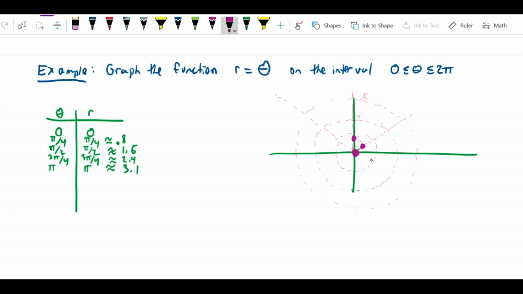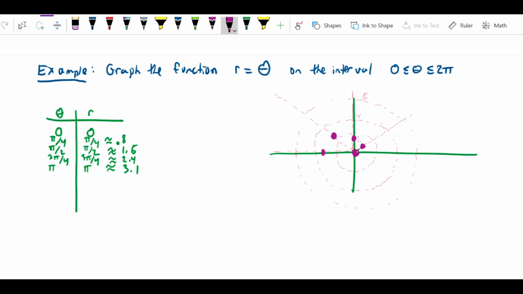Since each of these concentric circles represents 2 units, I'm going to go a little bit beyond the first circle to there. Finally, at pi, which is the negative x-axis, I'm going to go 3.1 units from the origin, right about there.